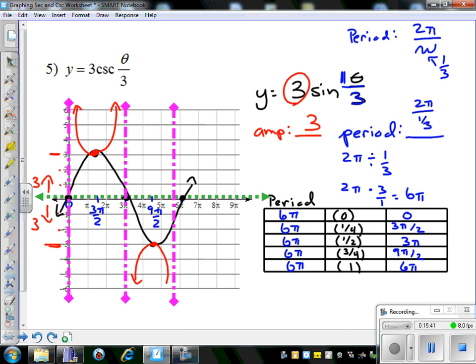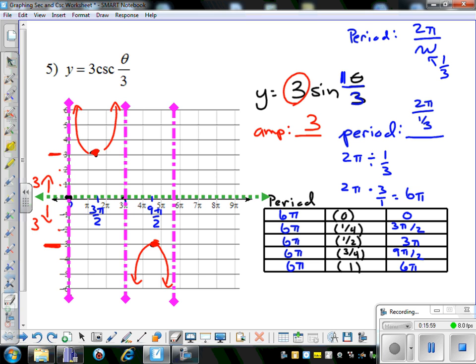Now remember, these are going to be the points that are at the top of our amplitude and the bottom of our amplitude. We take our eraser and we erase away the sine function, leaving us with one period of our 3 cosecant theta over 3.